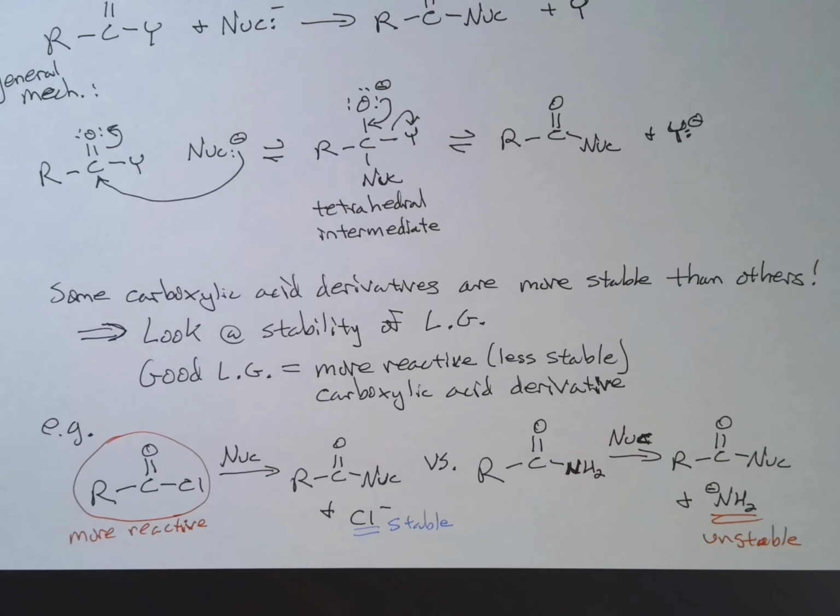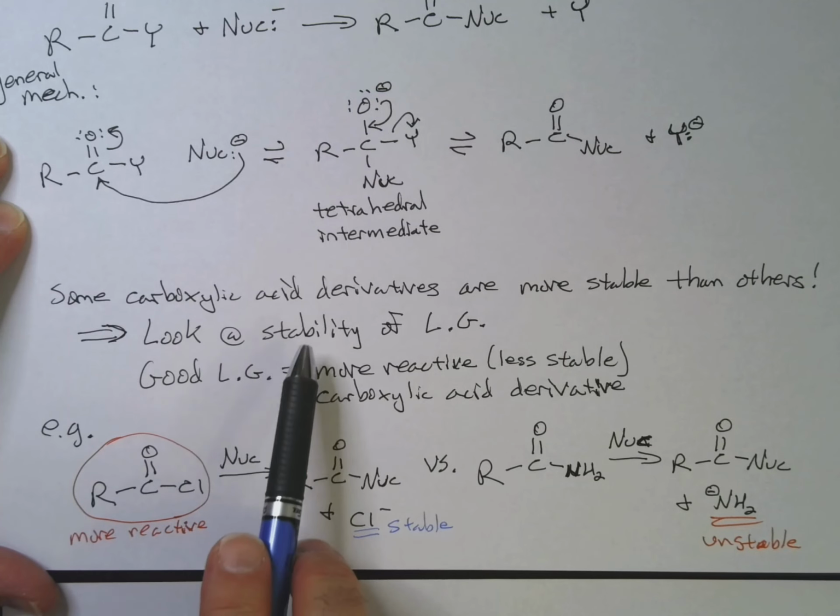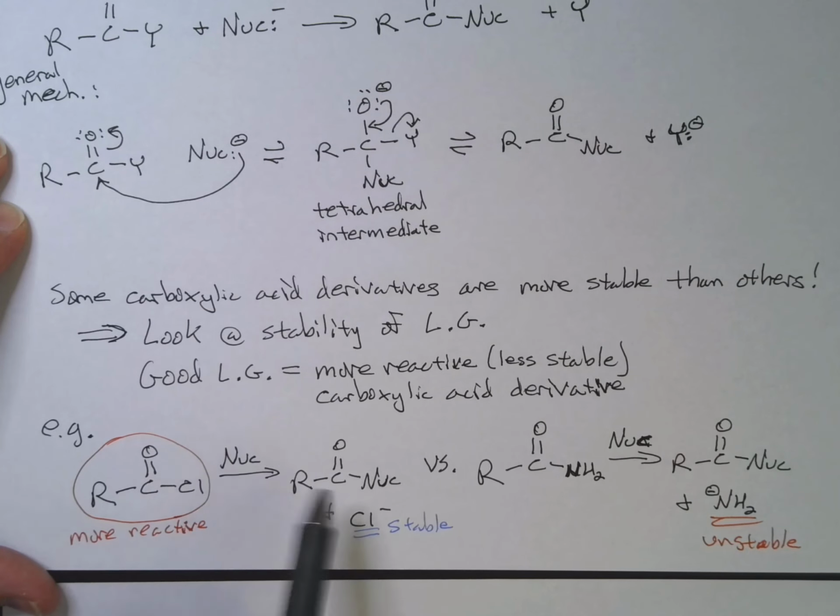Now there's another way of looking at this as well, and it's looking at the actual resonance structures that you could draw of the carboxylic acid derivatives themselves. So one way of looking at the reactivity of carboxylic acid derivatives is to look at the stability of the leaving group when you do nucleophilic acyl substitution.